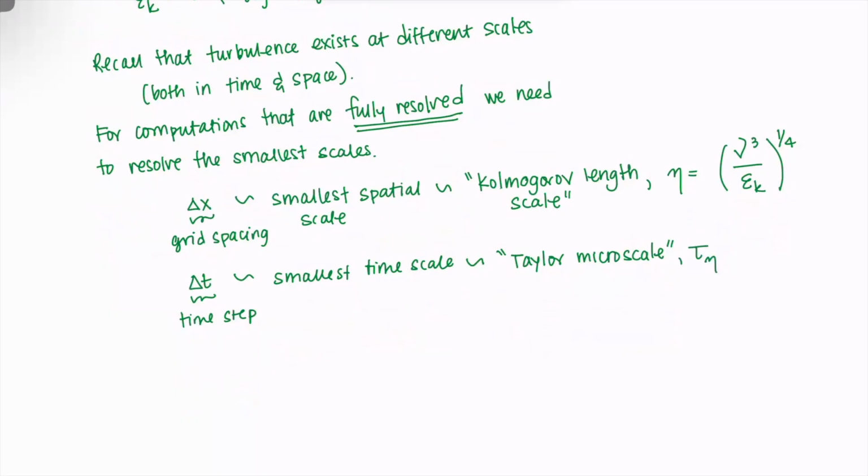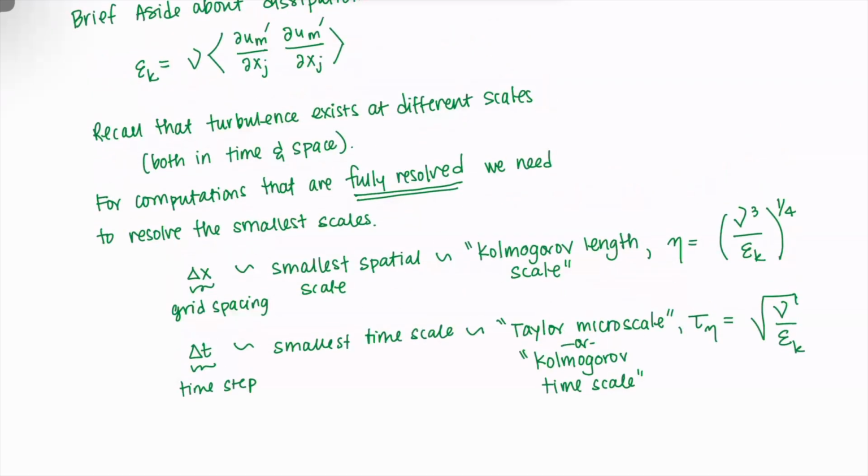I should also mention that this is sometimes also known as the Kolmogorov timescale. And it is defined as the square root of the viscosity over dissipation.